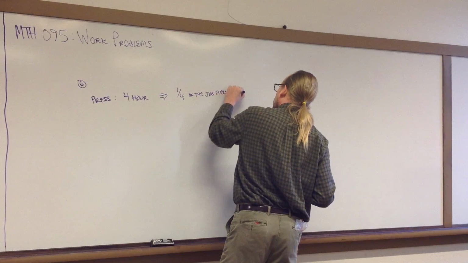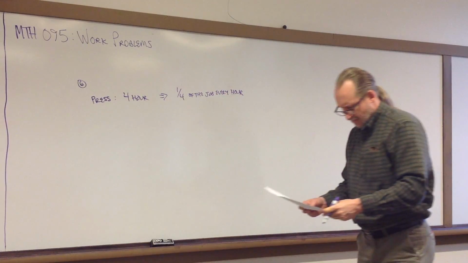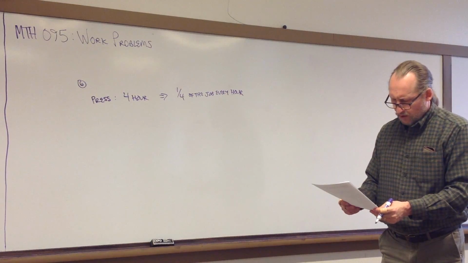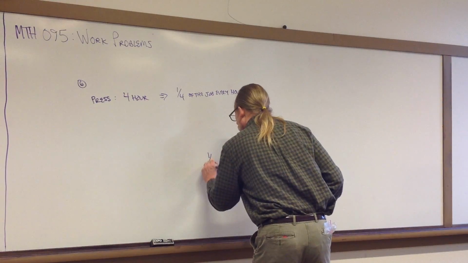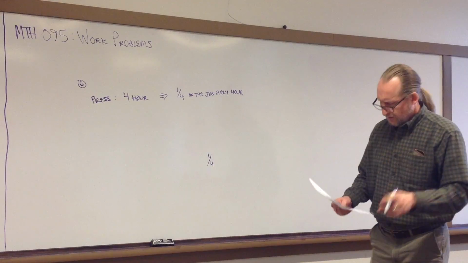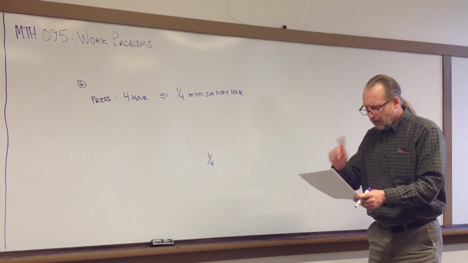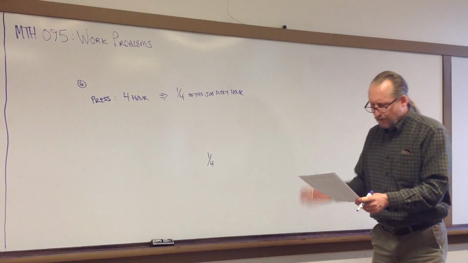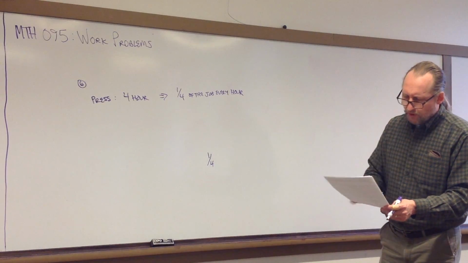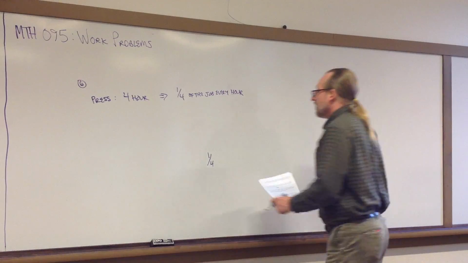every hour. Okay? After the press has been at work for 1 hour, we know that 1/4 of the job has gotten done already. Another press starts to print the edition, and together, both presses require 1 more hour to finish the job.